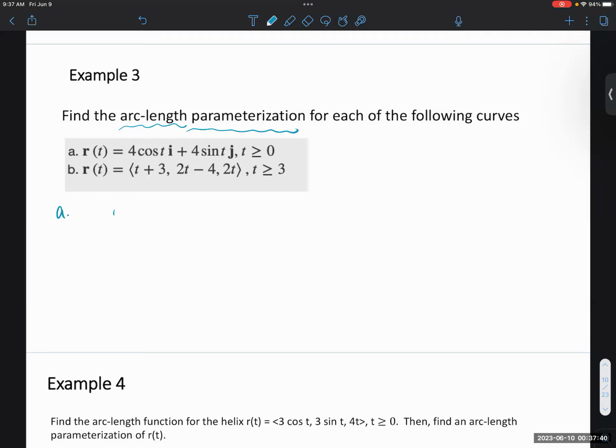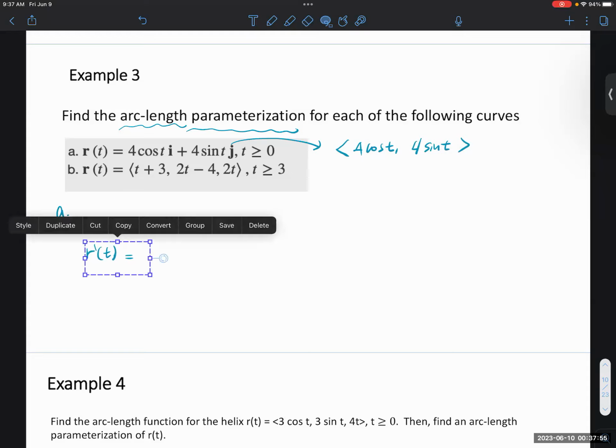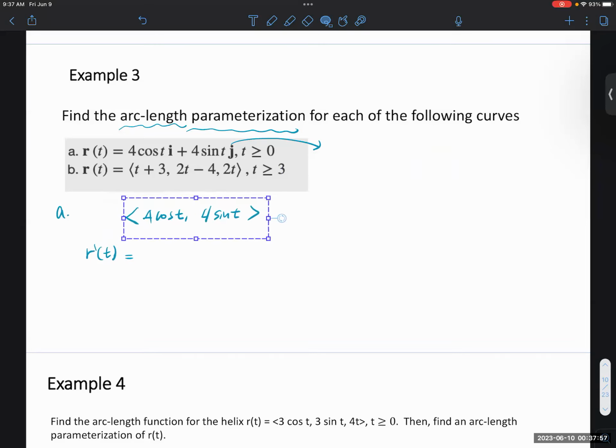So for A, R prime of t. This is the vector 4 cosine t, 4 sine t, and this is the R vector. Let's take a look at the derivative. Cosine will be negative, so negative 4 sine t, and sine will be cosine t.